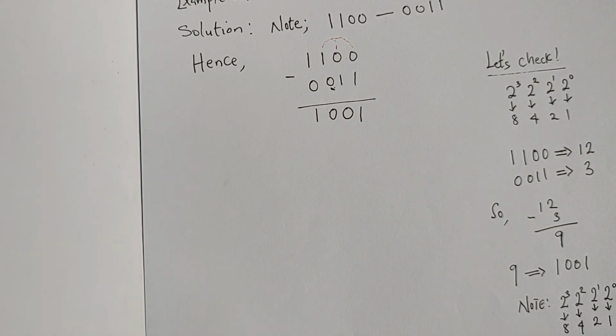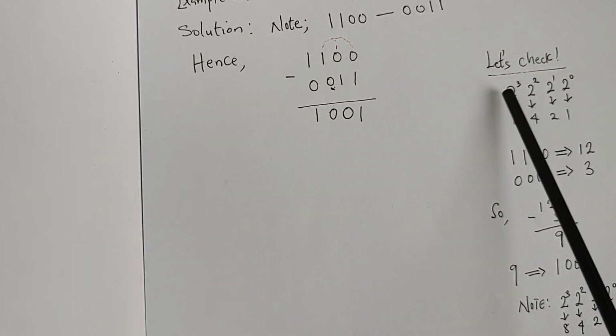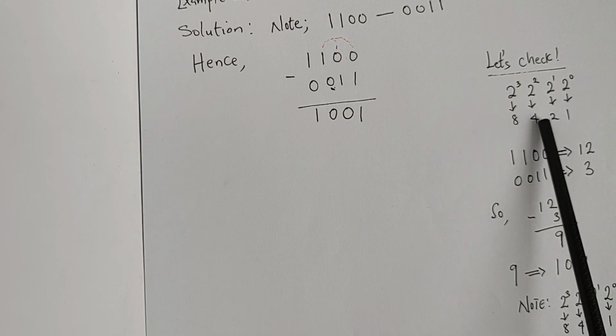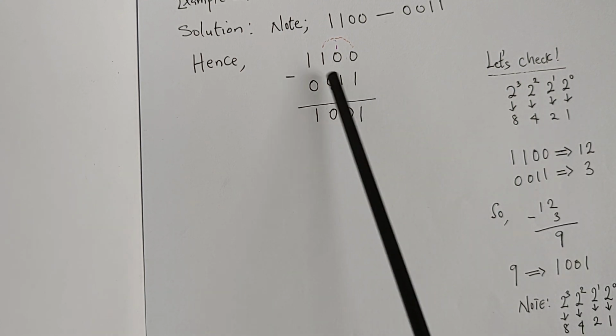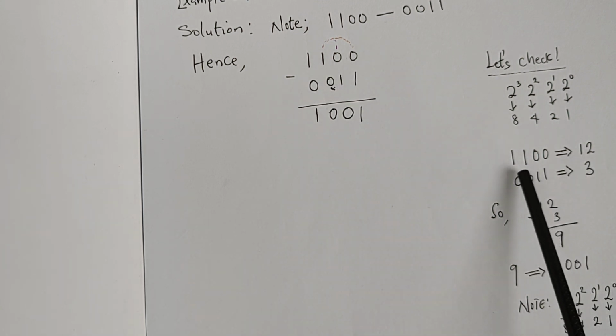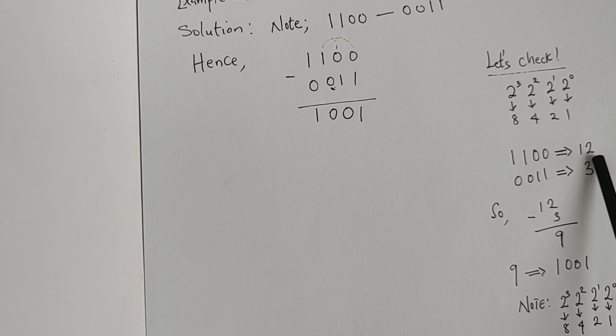Now let's check if what we have done is correct. Remember the direct method, and pay attention to it. We know that 1100 in decimal is 12, like I said, and 0011 is 3. Now let's carry out this operation: 12 minus 3, we're going to get 9.